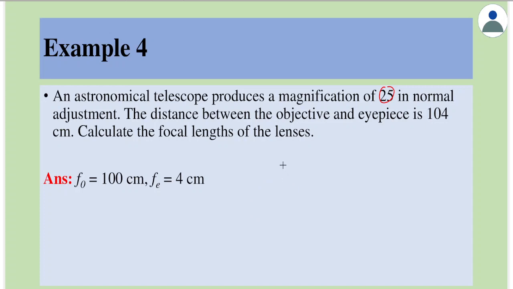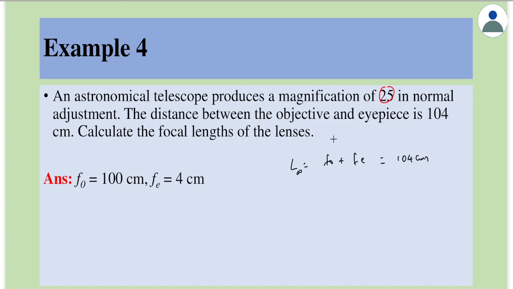So we know that the length of the tube, which is given by capital L, is given as f0 plus fe when the image is formed at infinity. And this is equal to 104 centimeter.